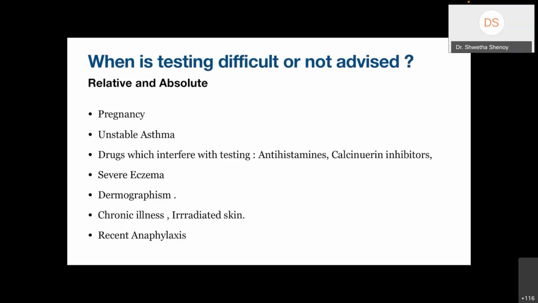But in such a case, the other pre-existing conditions tend to push them over into a state of anaphylaxis. So that is why pregnancy, unstable asthma, they're already having a severe bronchoconstriction. We do not want to add another challenge while testing. So these are where it is a relative contraindication to do this.